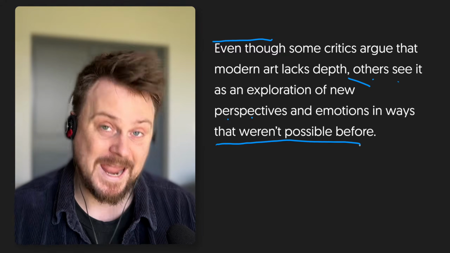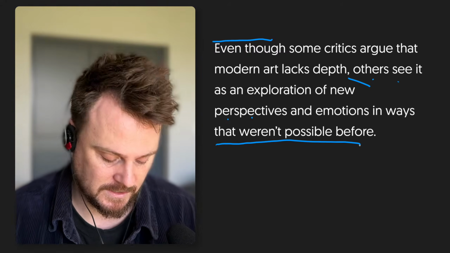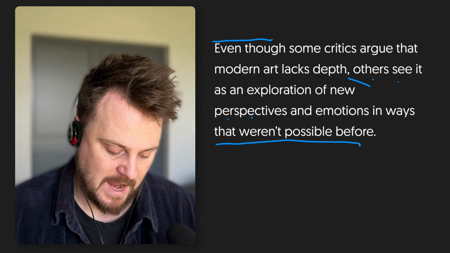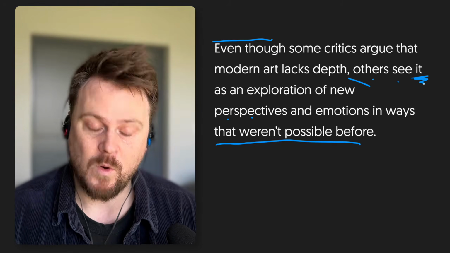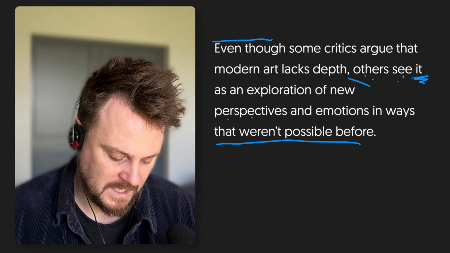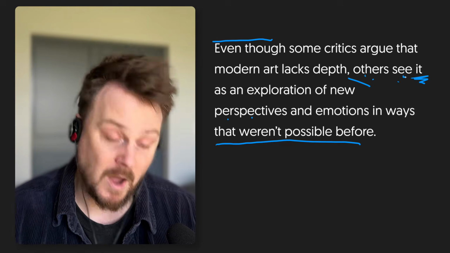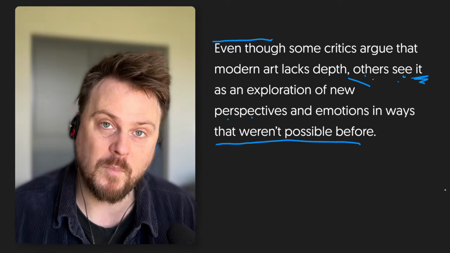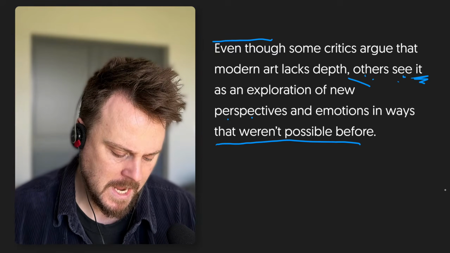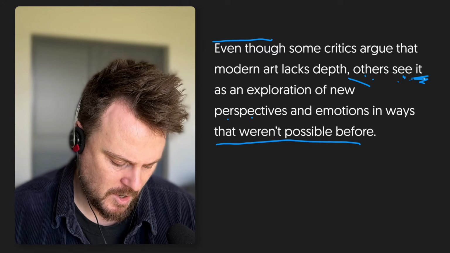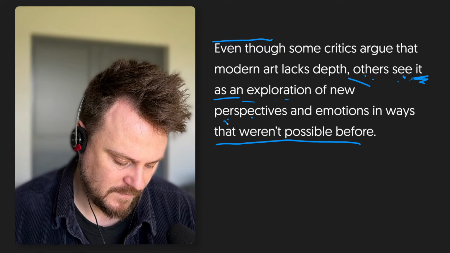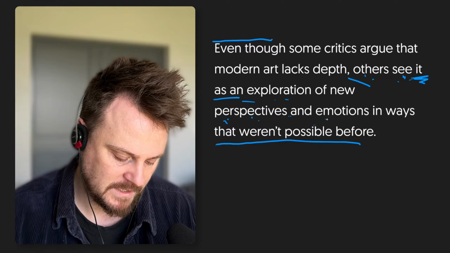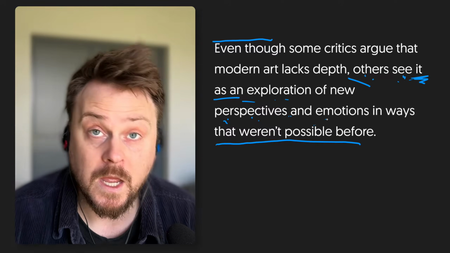We have a sentence, a complete sentence. If we get rid of others, we might say, and we have to also replace it so that people know what we're talking about. People see what? Modern art, because that's what we're talking about. So let's just pretend that this even though part is not there. People see modern art as an exploration of new perspectives or ideas and emotions in ways that weren't possible before.